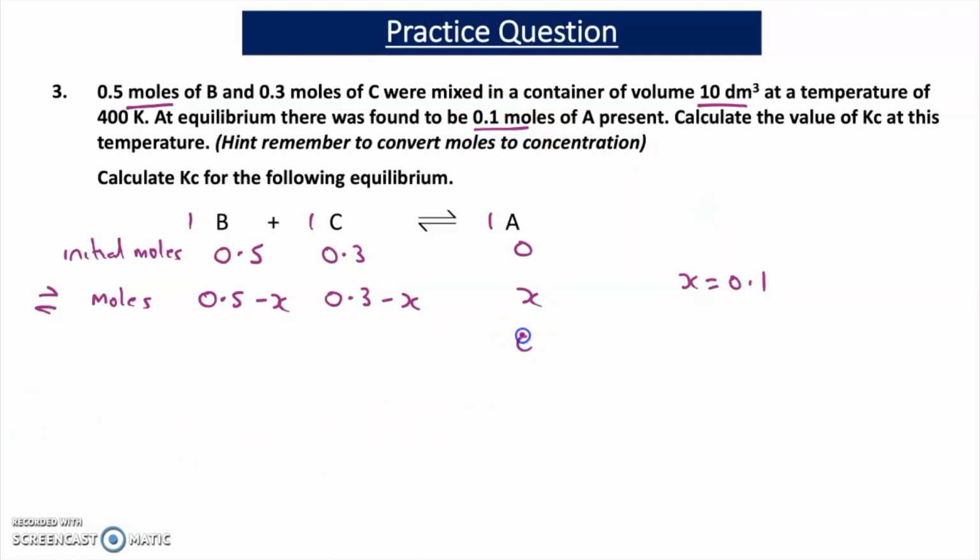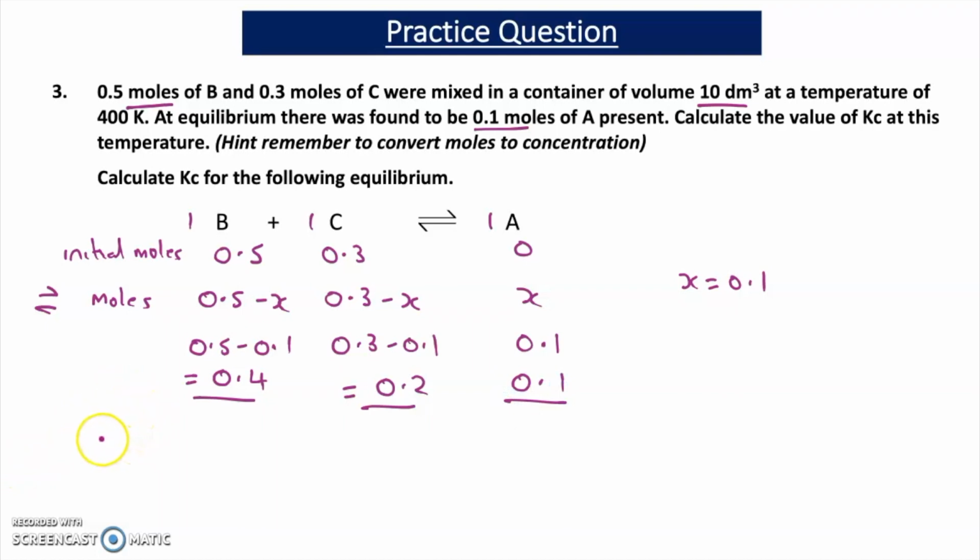Now they tell you that A is equal to 0.1 moles at equilibrium. So therefore, I know the value of X, which is equal to 0.1, and I can work out the moles at equilibrium of B and C, because it would be simply 0.5 minus 0.1, which is 0.4, and 0.3 minus 0.1, which is 0.2, and I know the number of moles of A present at equilibrium as it's 0.1.